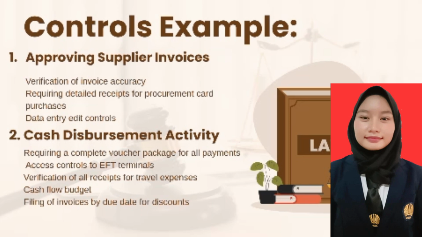For cash disbursement activity: requiring a complete voucher package for all payments, access control to the EFT terminal, verification of all receipts for travel expenses, cash flow budget, and filing invoices by due date for discounts.